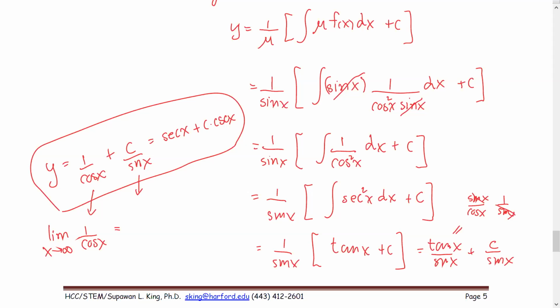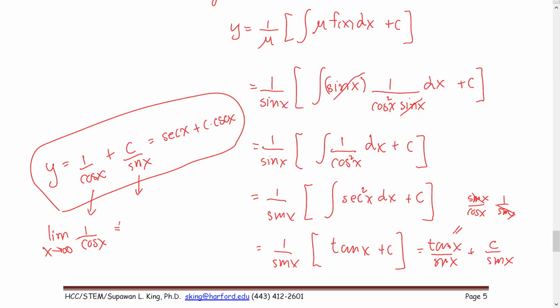So the one is fixed, but the bottom is not stable. Basically, it's up and down. So in this case, the limit of 1 over cosine x will never be 0. It depends on the cosine function. We don't really have to look at the specific limit value.